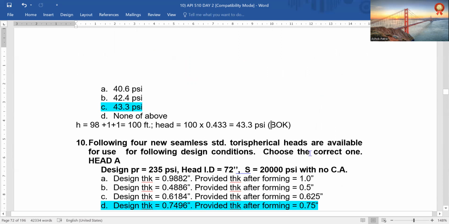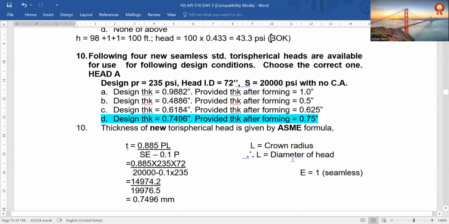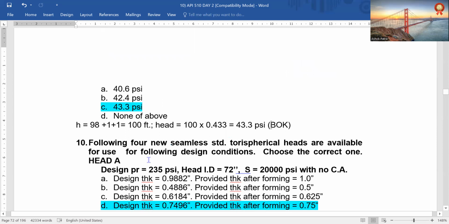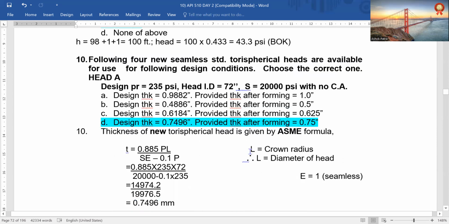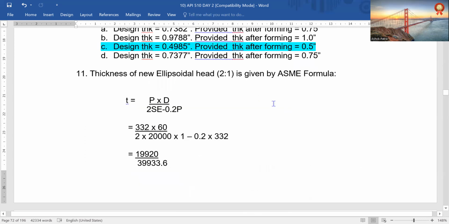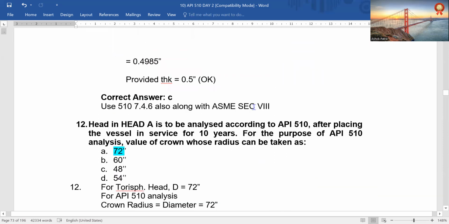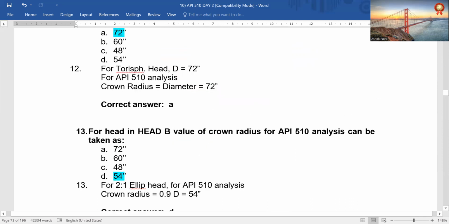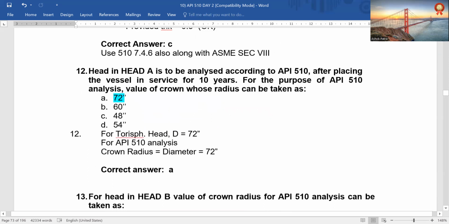No, one time only. Sorry for that. That is design thickness and provided thickness after forming is okay. One time only. Thickness of the new ellipsoidal head given is okay. So there is 0.5. That is okay.